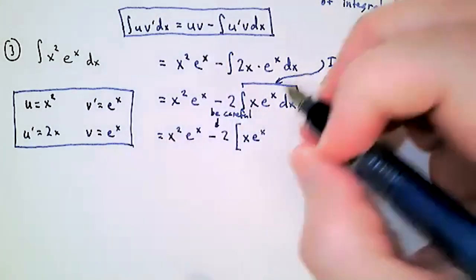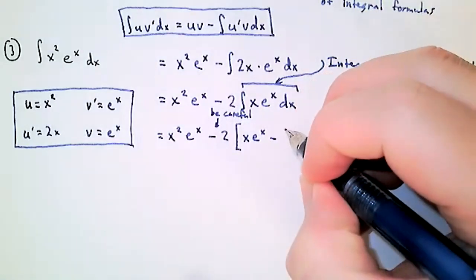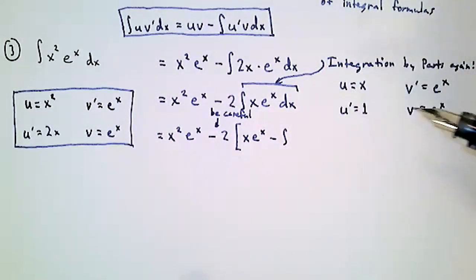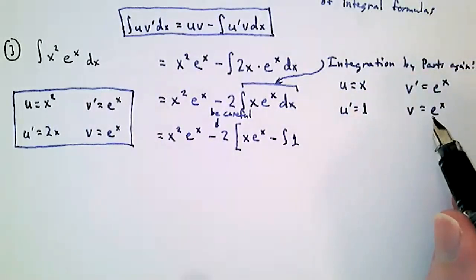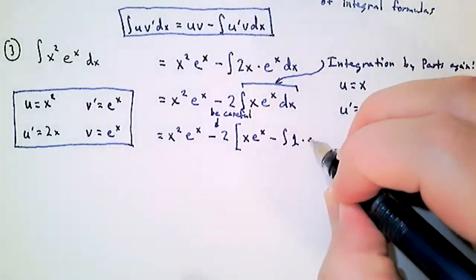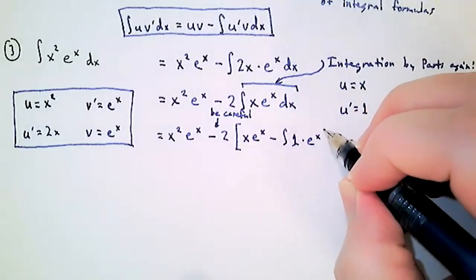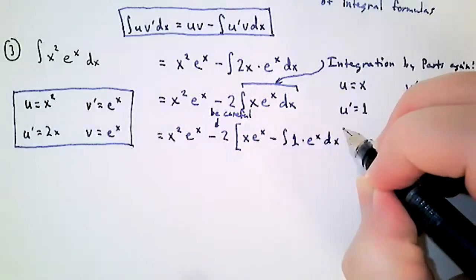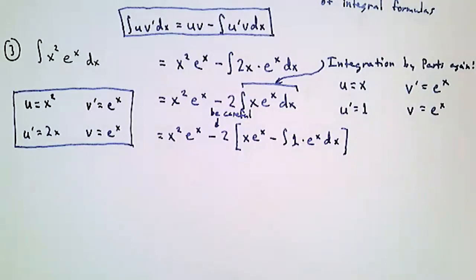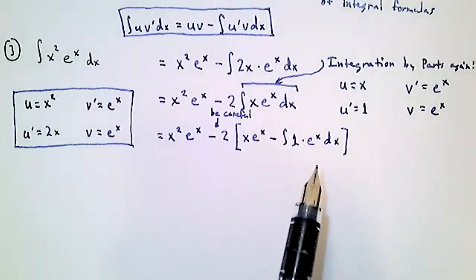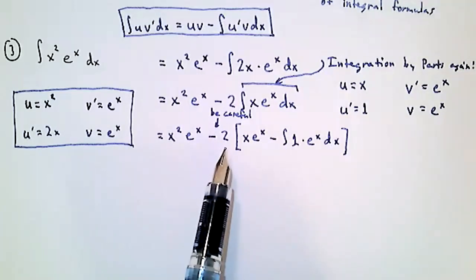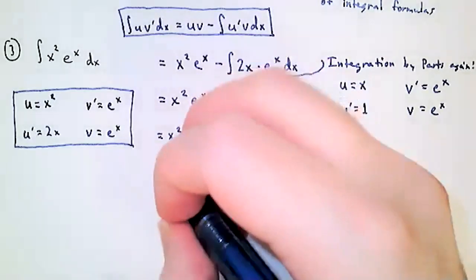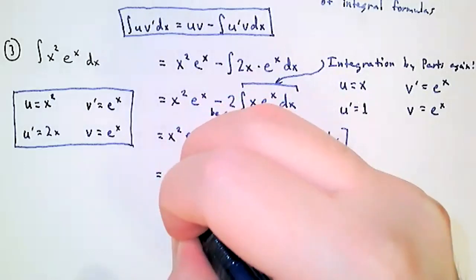And then we need a minus the integral of u prime, that's 1, times v, e to the x. Before we do this last integral, let's go ahead and distribute this -2 into the parentheses or the brackets here, as I've written.